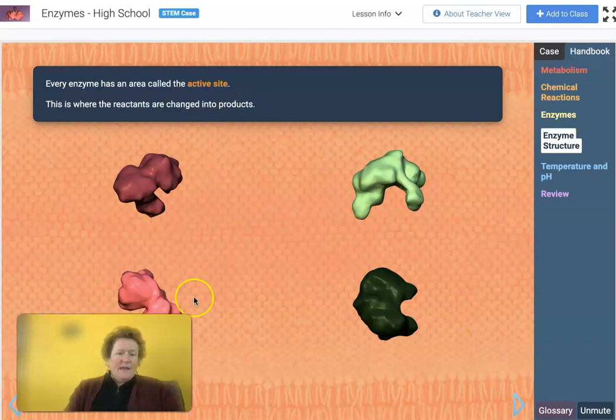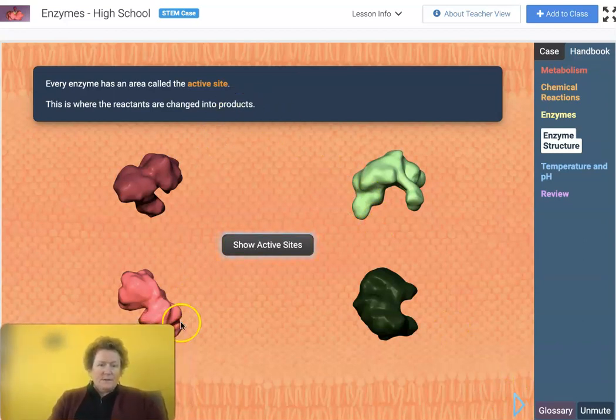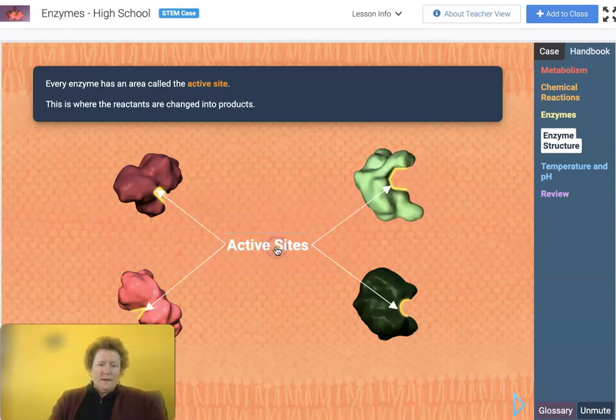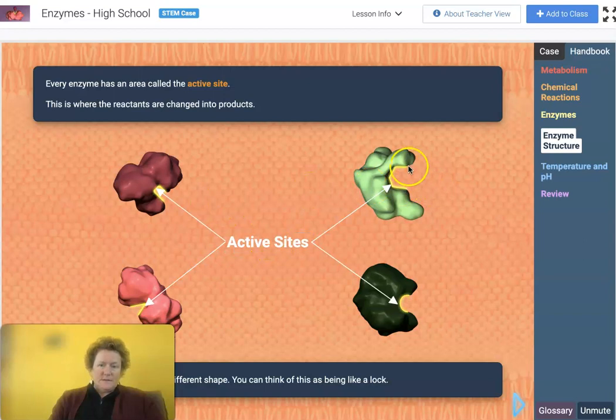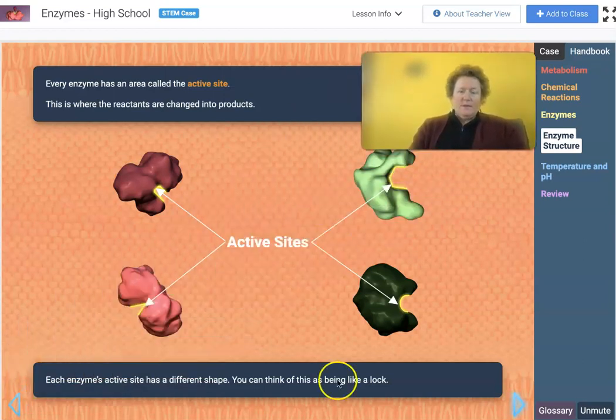Every enzyme has an active site. That's where the substrate, or the thing it's working on, fits. So here are the active sites in these enzymes. It's highlighted in yellow here. Each enzyme's active site has a different shape. You can think of this as being the lock.